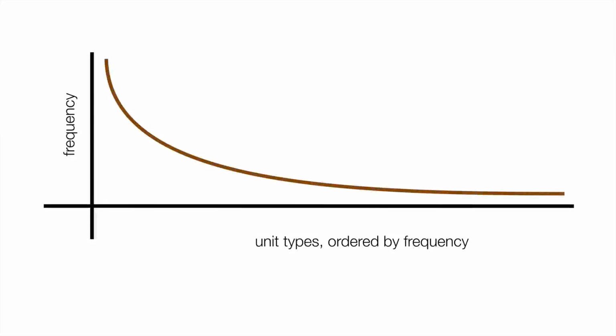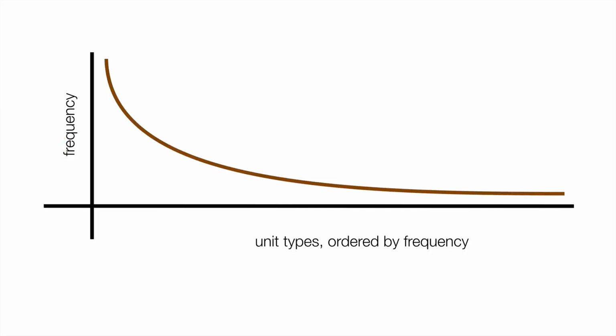So plotting those distributions of frequencies of types from the most frequent to the least frequent, so ordering them by their frequency of occurrence, and then plotting their frequency on this axis, we always tend to get this sort of shape, this decaying curve.